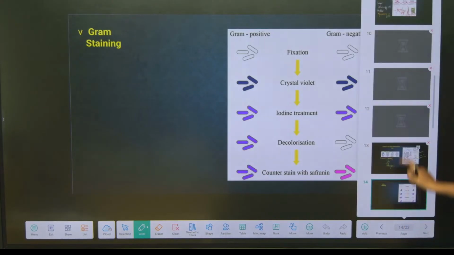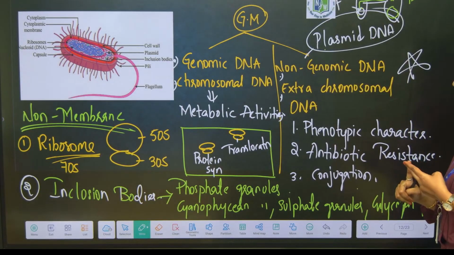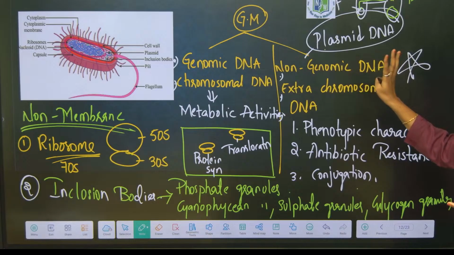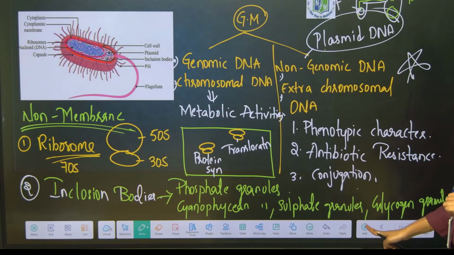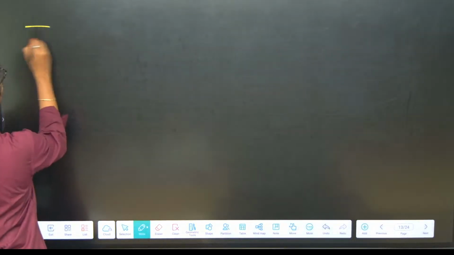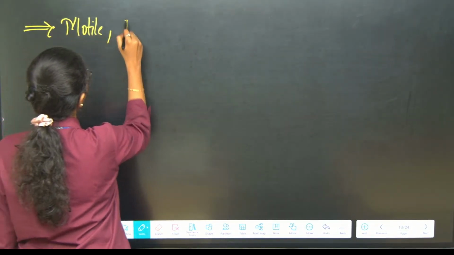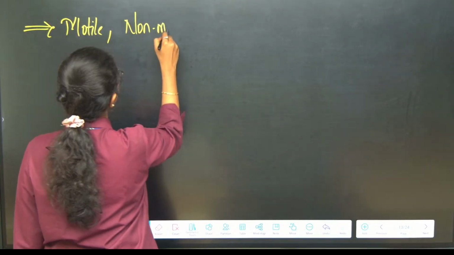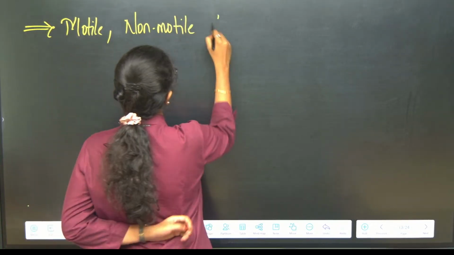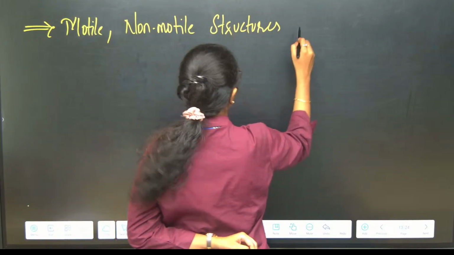So with respect to non-membrane bound organelles, cell envelope and genetic material, everything is clear from the prokaryotic cell, right? Now motile and non-motile structures of a prokaryotic cell, take them.